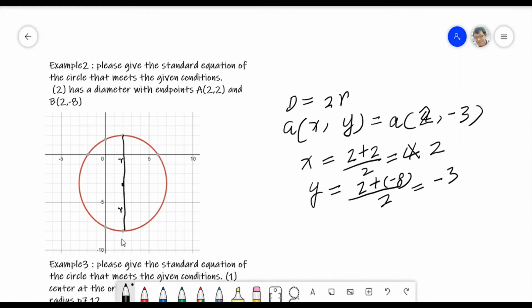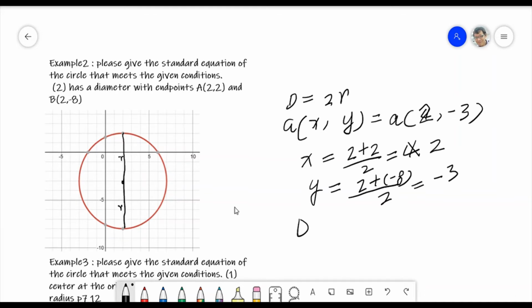If you still remember how to calculate the length between two points, D is equal to the square root of AX minus BX, so AX is 2 minus 2, squared, plus AY is 2 minus BY is negative 8, so negative 8, squared.